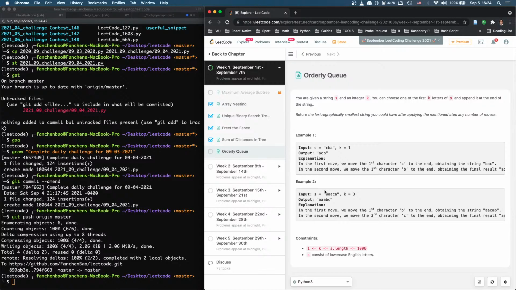Can we analyze, we have the top K, and then we run a comparison. But the thing is, every time you pop, the string changes, except for the one that's already settled. Then we know the later you pop, the more to the back you are.